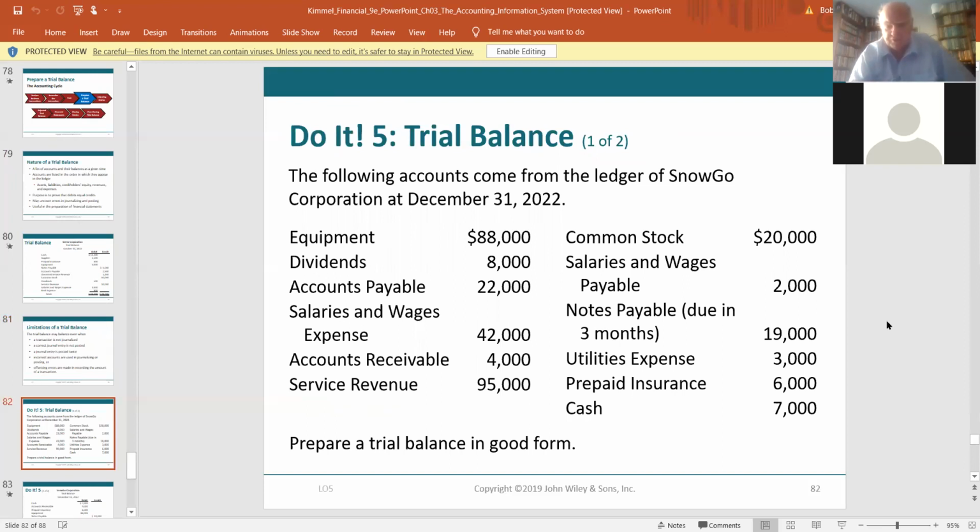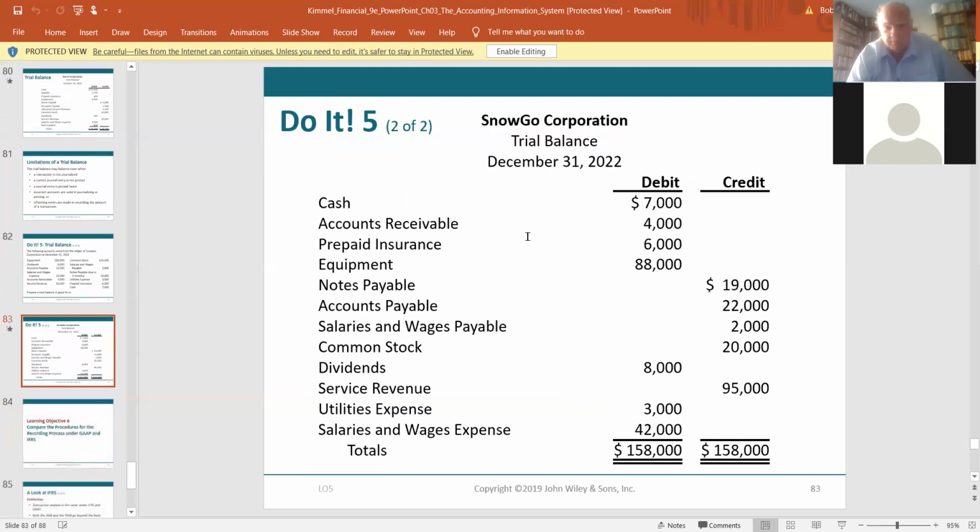Well, we know cash is going to go first. Accounts receivable typically goes second. Then let's see what else. I see prepaid insurance, and then I see equipment, and I think that's everything. So we're looking at cash, receivables, prepaid insurance, and equipment.